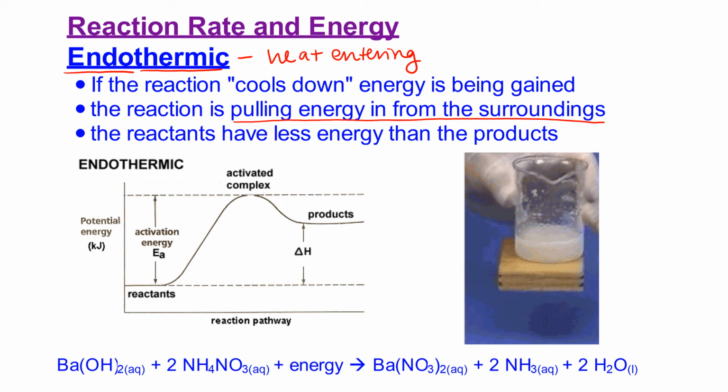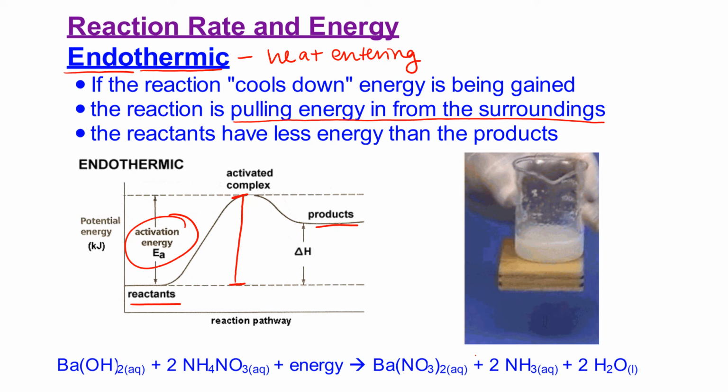And so since the heat or the energy is being pulled into the chemical reactions, the reactants are actually going to end up having less energy than the products. So again, remember the amount of energy it takes for the reactants to actually start the reaction is this idea of activation energy.